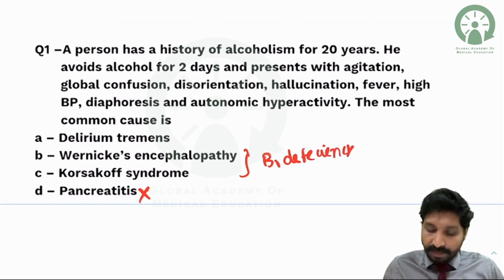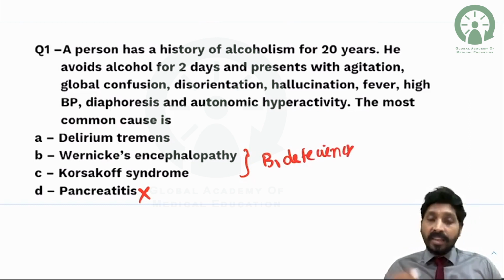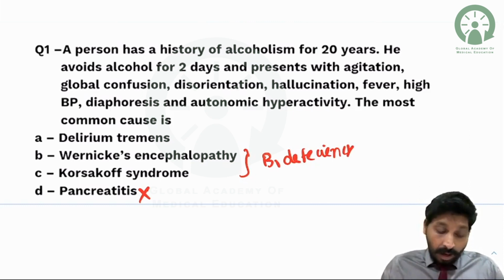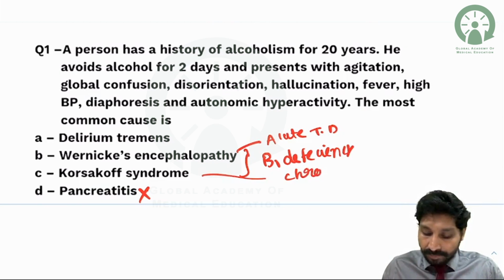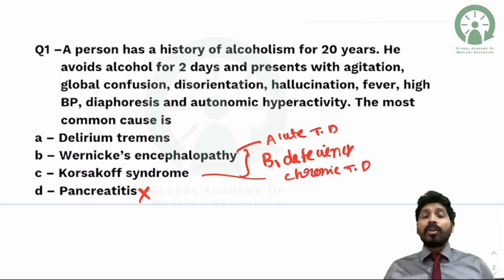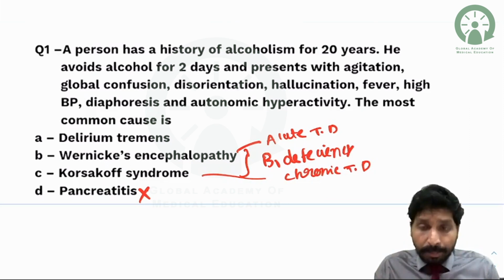But the difference between these two: Wernicke encephalopathy is acute thiamine deficiency, whereas Korsakoff syndrome is chronic thiamine deficiency. This Korsakoff syndrome you can see exclusively in alcoholic people.